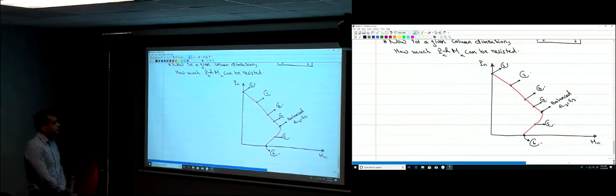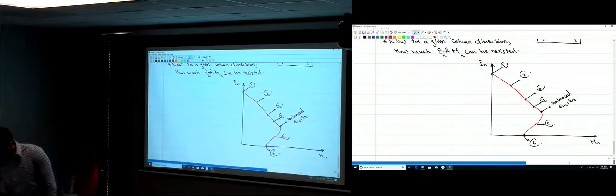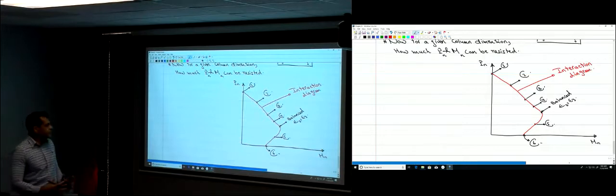This curve is called the interaction diagram. Points on that curve give me the strength of the column: how much P and M can be resisted concurrently.